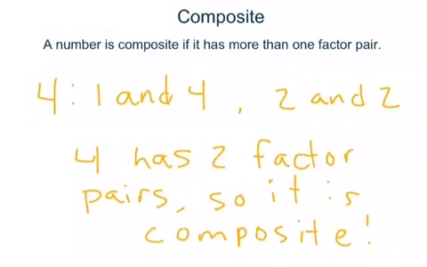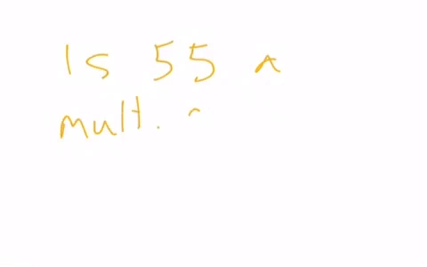So what I was talking with the kids a lot today was that you have to know your math facts, plain and simple. That's all there is to it, because a lot of times what they're going to ask you is, for example, is 55 a multiple of 3?